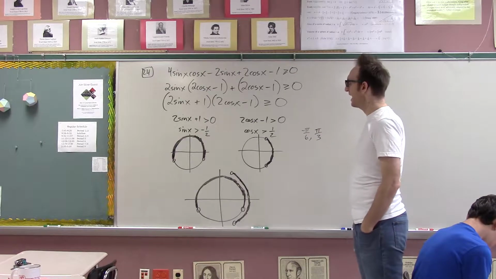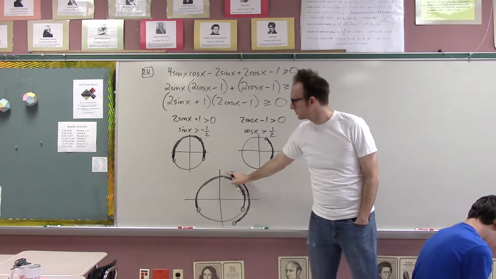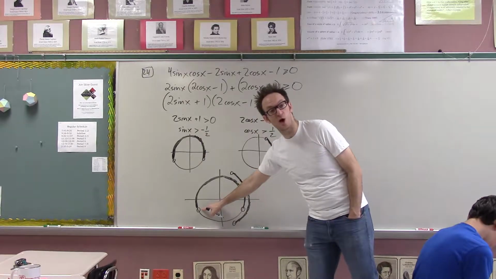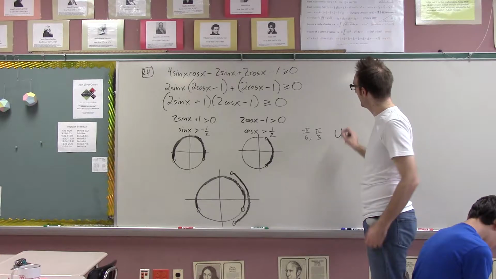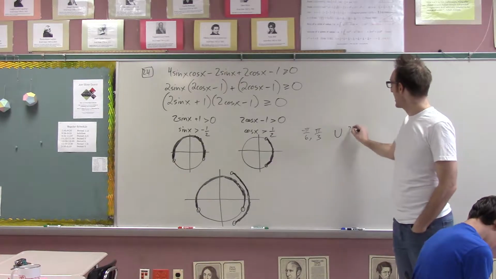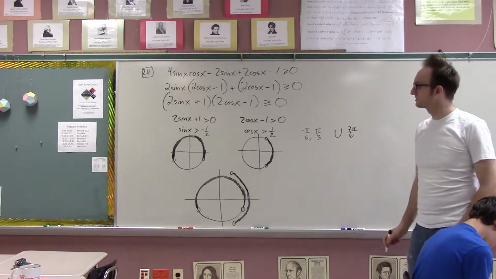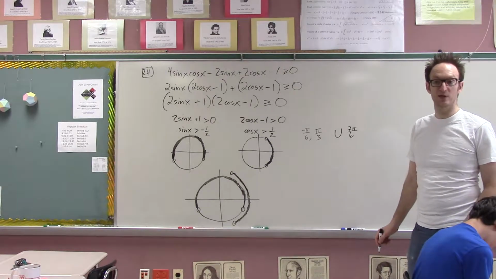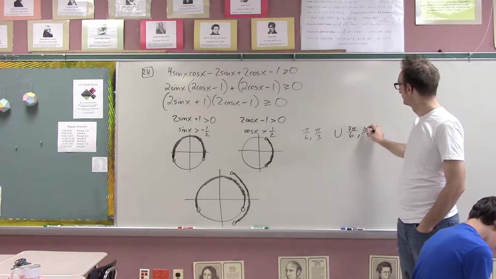And then from pi over 3 to 7 pi over 6, only one is shaded and one's unshaded. But then it picks up again from 7 pi over 6 to whatever that is, 5 pi over 3. They're both negative.